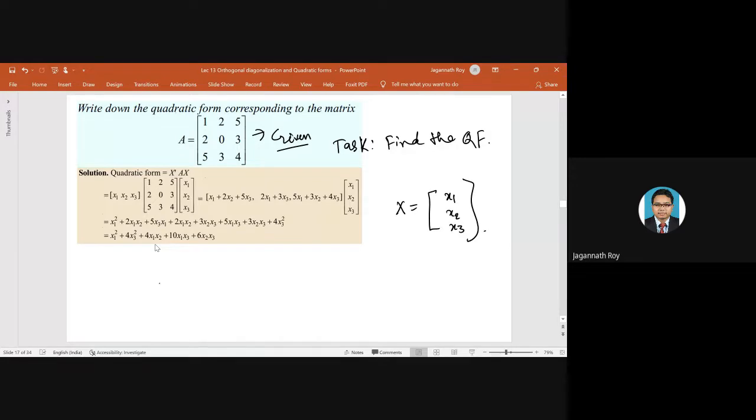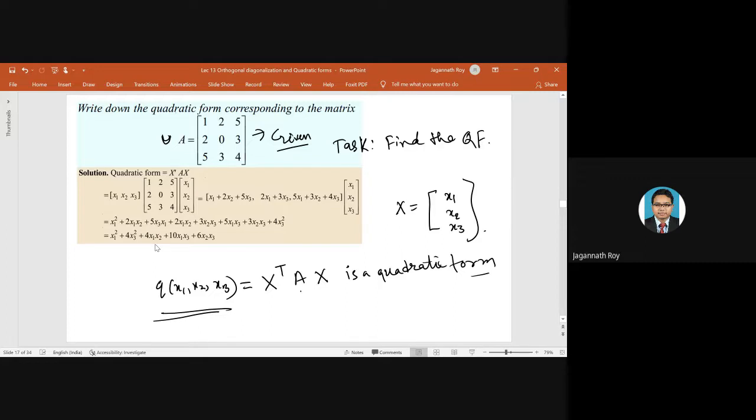Then Q of x1, x2, and x3 will be called a quadratic form if we have x transpose A x, where the A matrix is given. Our target is to find out this quadratic form, this scalar quantity.